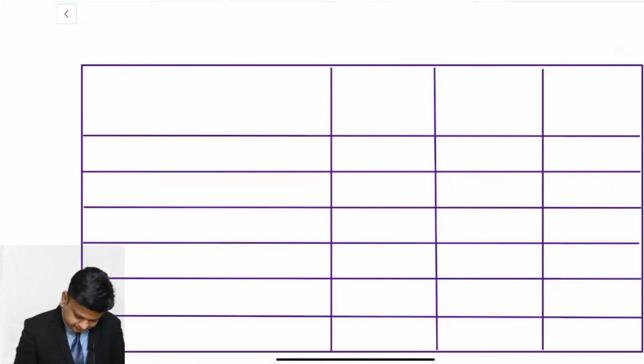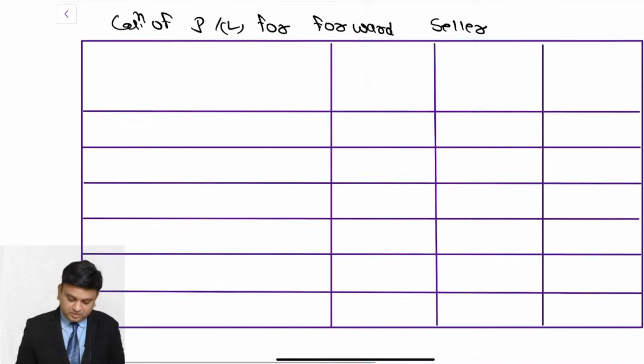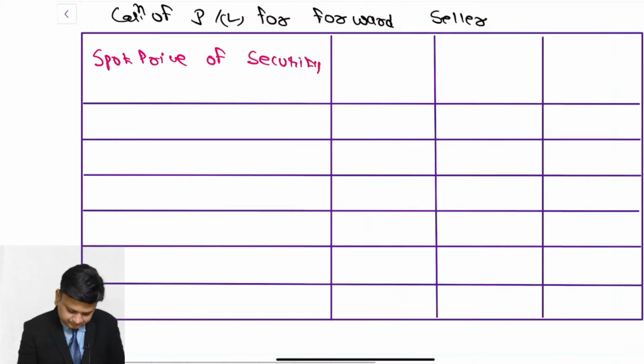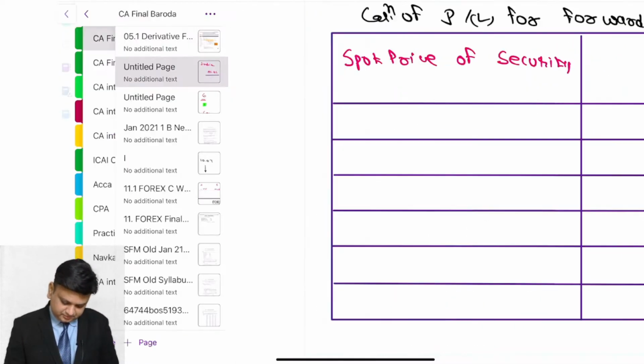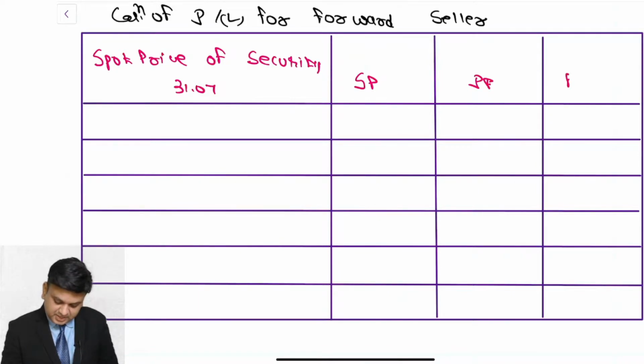Calculation of profit or loss for forward seller. Column number 1 will be the spot price of security, that is on 31st of July. Then sale price, purchase price and profit or loss.